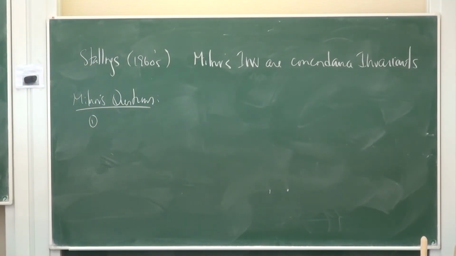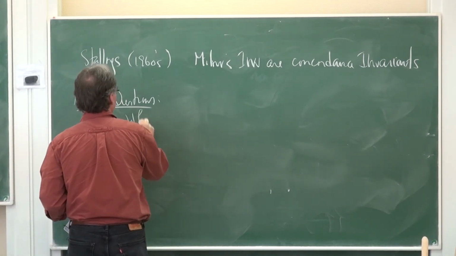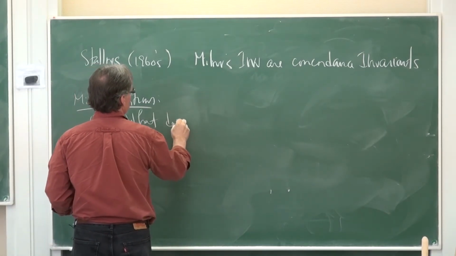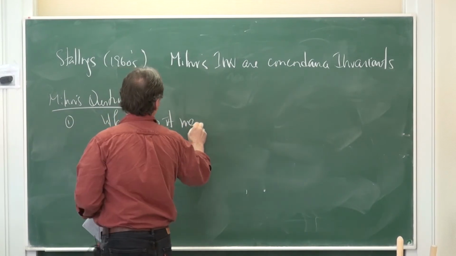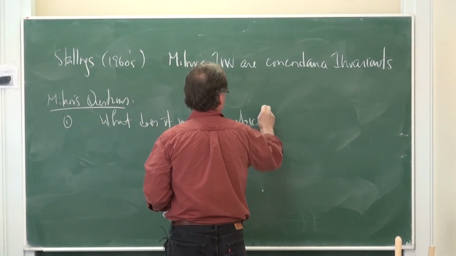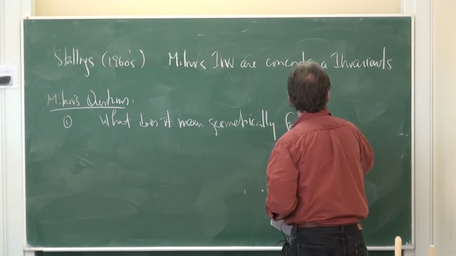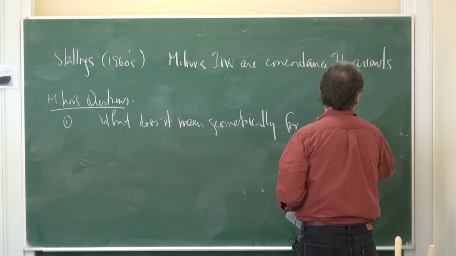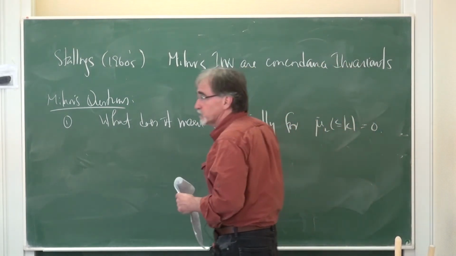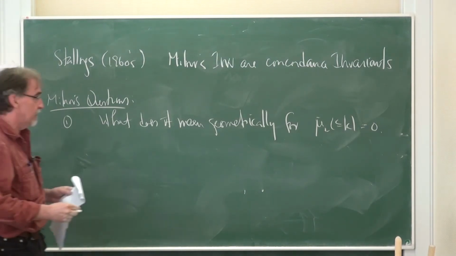I'll state, say, 3 questions Milner asked about. What does it mean geometrically for mu bar of L of length less than or equal to k to equal 0, or for all of them to vanish? What does it mean geometrically to say that Milner invariants vanish? That's a good question.